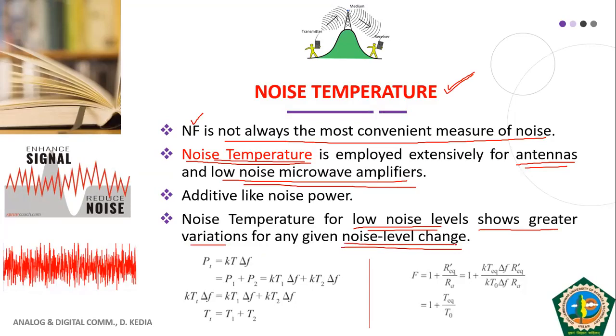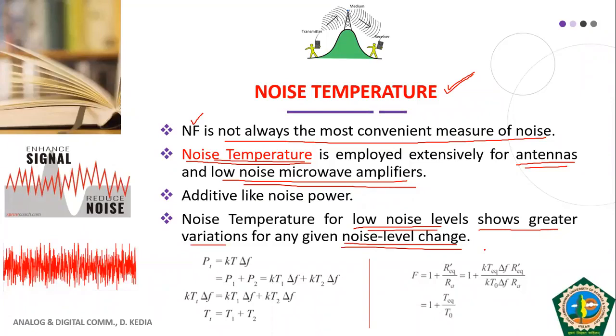So if there is any change in the noise level at very low noise level, then significant changes in noise temperature values are observed. That's why smaller variation in the noise can also be noticed if you represent noise in terms of noise temperature.